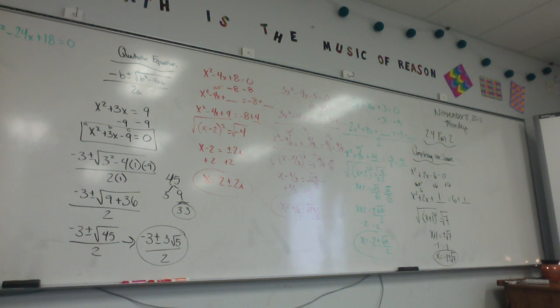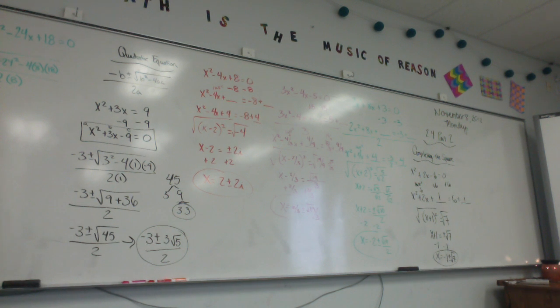What do I need to do? What's my b? 24. So opposite of this would be positive 24 plus or minus the square root of negative 24 squared minus 4 times 8 times 18 all over 2a.